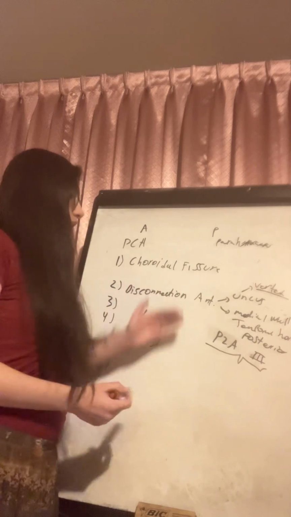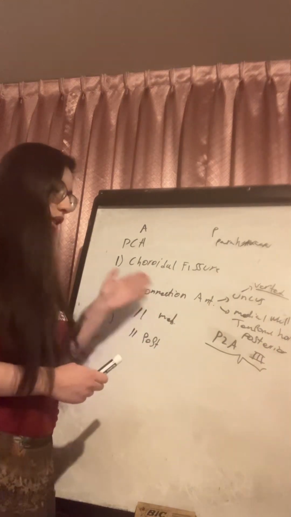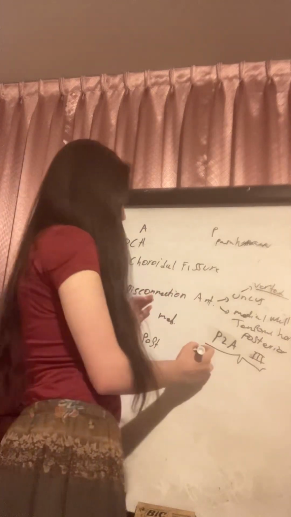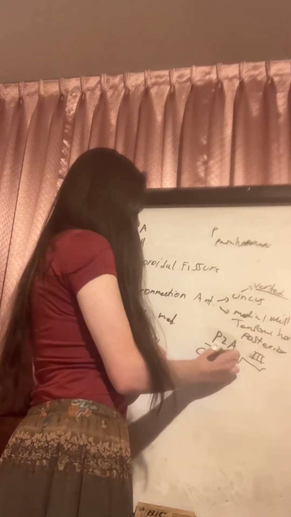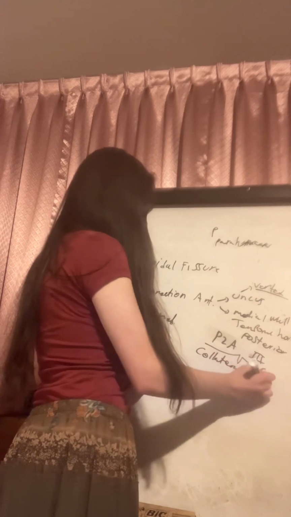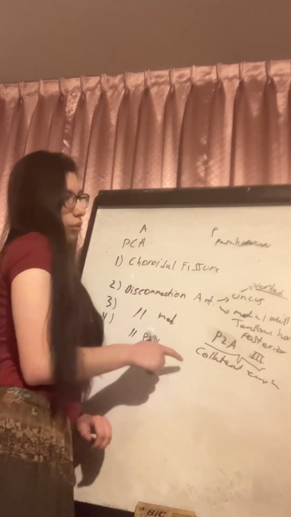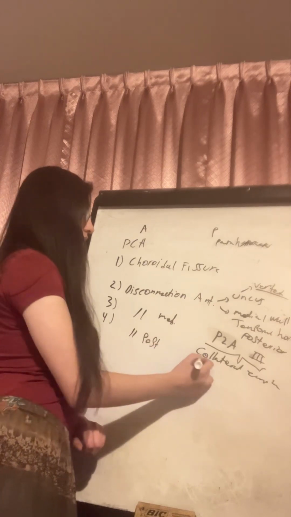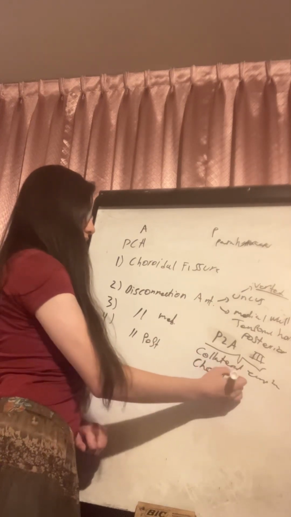Then the anterior dissection continues. The anterior disconnection continues laterally to the collateral eminence, and then continues medially and posteriorly until we reach again the choroidal fissure.